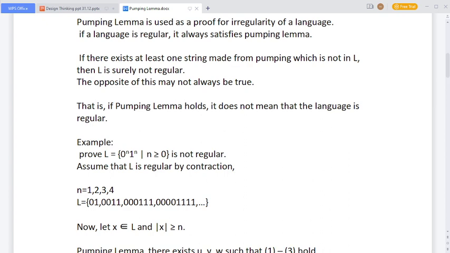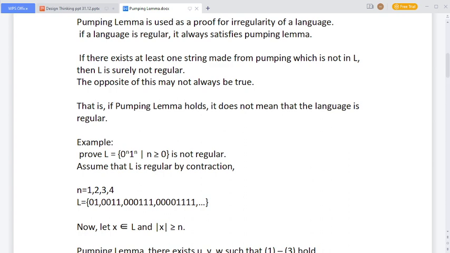If there exists at least one string made from pumping that does not belong to L, then L is surely not regular.